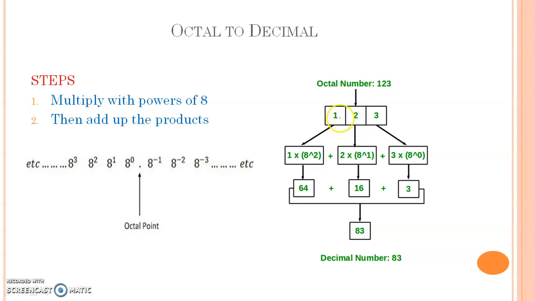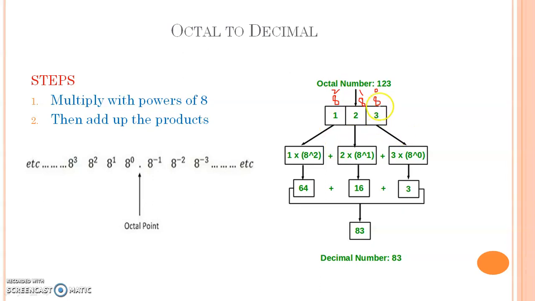So we know that in 123, this digit has the weight 8 raised to 0, this portion has the weight 8 raised to 1, and this portion has the weight 8 raised to 2. In order to find the decimal equivalent of 123, you have to multiply every digit with its corresponding weight.